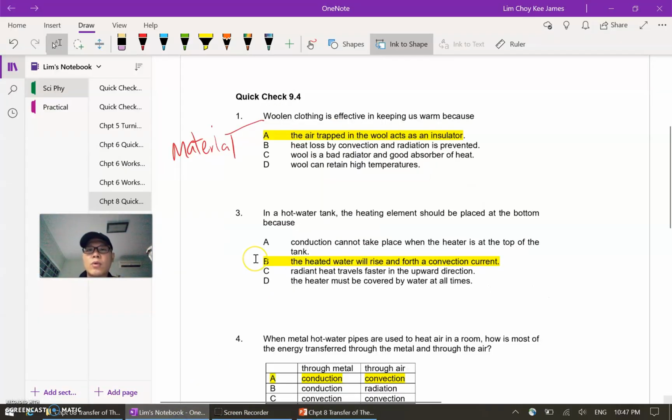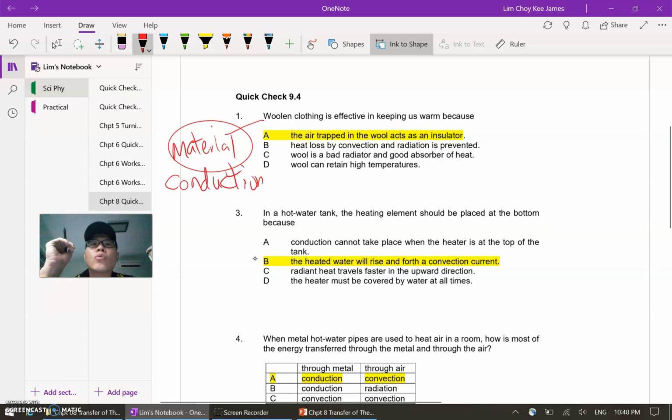This is what I mean by sieving out important clues from the questions to decipher the possible modes of heat transfer that the question is targeted on. When you talk about material, the mode of heat transfer we are looking for is conduction. So we will look for the options that relate directly to conduction, and that is most likely your answer for this particular question.